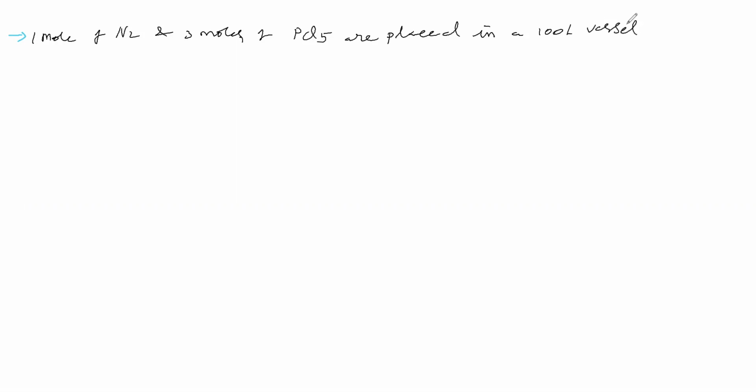Let us discuss chemical equilibrium. In chemical equilibrium, we will take a sum: 1 mole of N2 and 3 moles of PCl5 are placed in a 100-liter vessel, heated to 227 degrees Celsius.